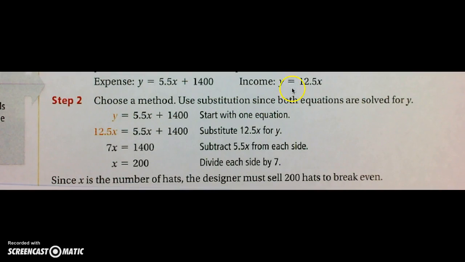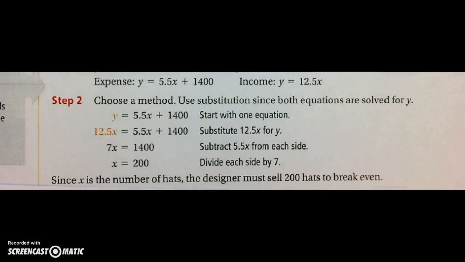Here we have y equal to 12.50x substituted in for y. Now we need to solve for x. We subtract 5.50x from both sides, divide by 7, and x is 200. Since x is the number of hats, the designer must sell 200 hats to break even.